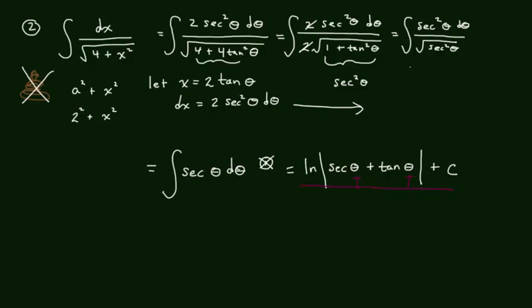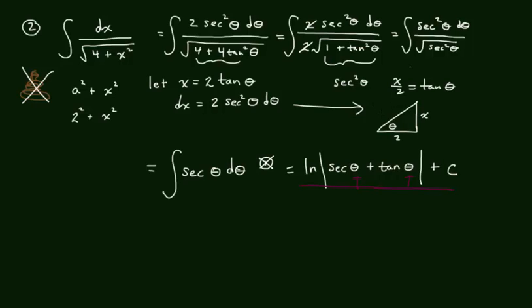So x equals 2 tan theta, or x over 2 equals tan theta. Draw my right triangle. Draw my theta. And opposite over adjacent is tan theta.